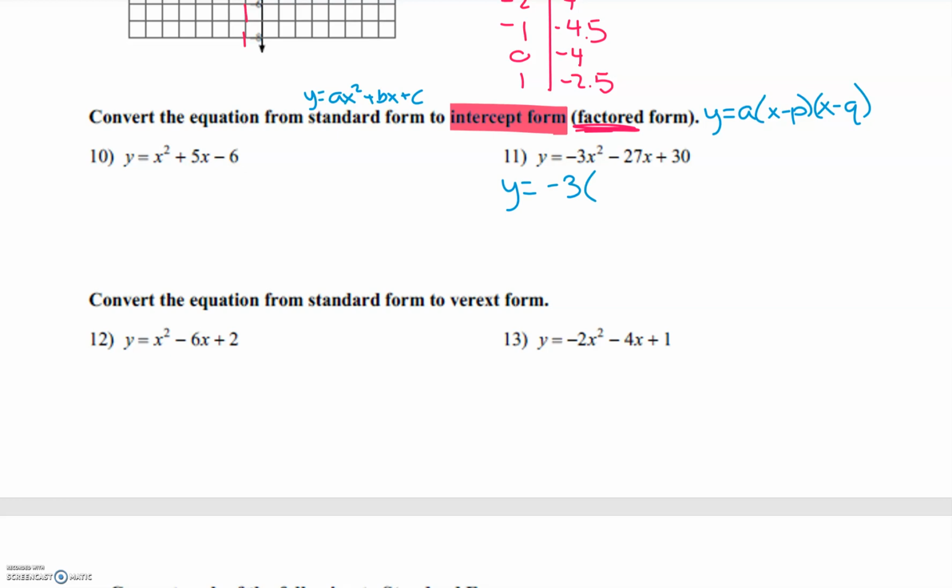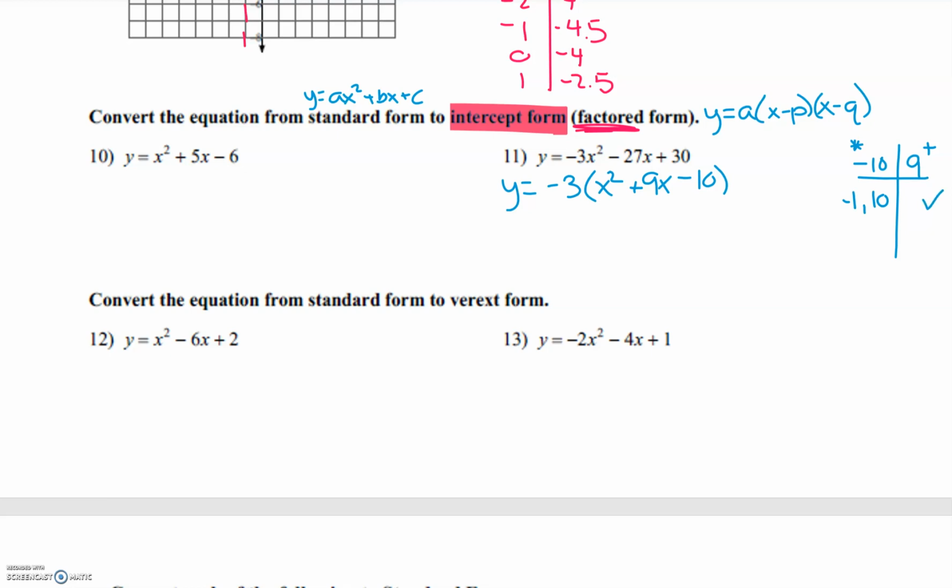When we factor that -3 out, we get x squared plus 9x minus 10. And then we need to continue factoring that trinomial. So we're asking ourselves what two numbers multiply to give us the -10, but at the same time add to give us a 9. We should be coming up with a -1 and a +10.